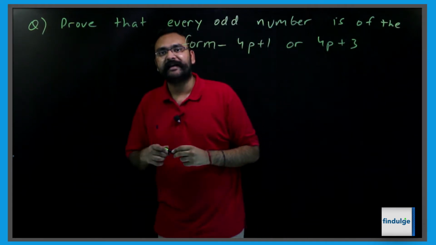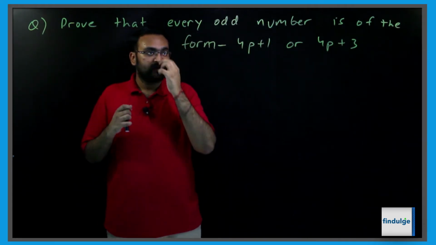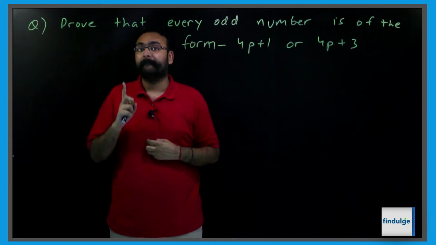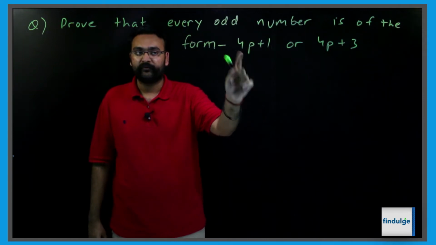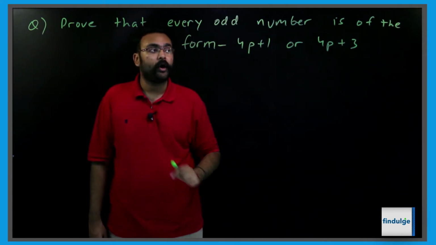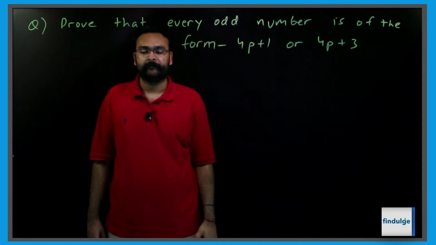So what this question is telling you is that we have to prove that if a number is odd, it can be written as either 4p plus 1 or 4p plus 3.